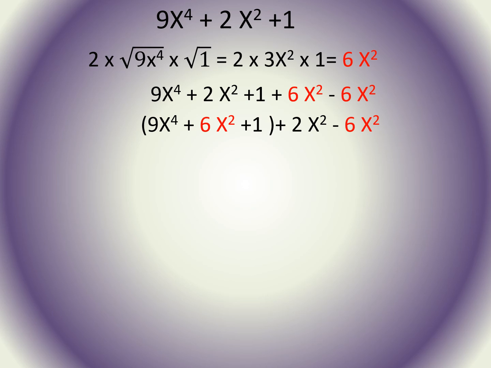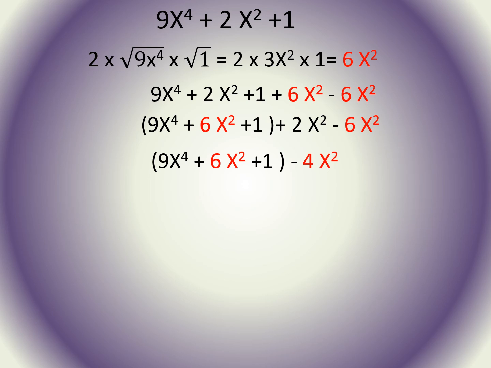Now we will finish the two terms out of the bracket like this: 9x power 4 plus 6x power 2 plus 1 minus 4x power 2. This form is called a perfect square trinomial minus a perfect square monomial.